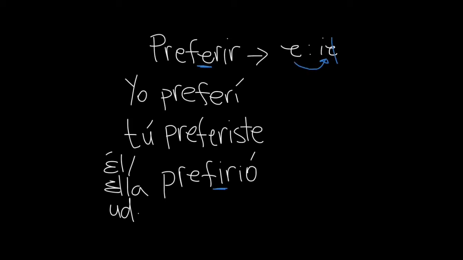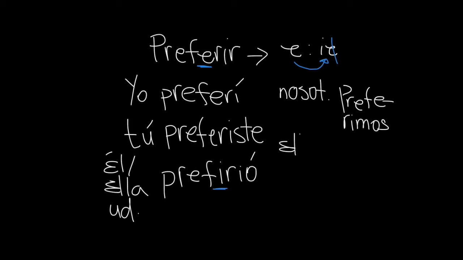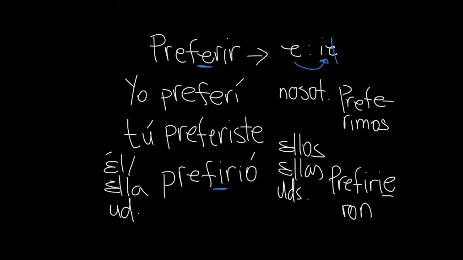We eliminate the e and we only keep the i. Nosotros then goes back to preferimos, but then ellos, ellas, and ustedes follow the pattern of él, ella, usted, and the conjugation will be prefirieron.